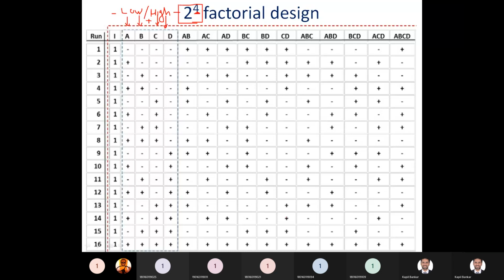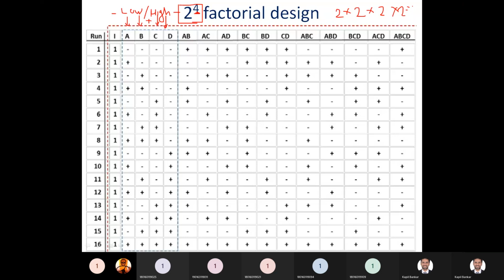So this is the 2 raised to 4 factorial design. You can see this is a full factorial design, in which you must run every experiment. 2 raised to 4 means 2 by 2 by 2 by 2: 2 twos are 4, 4 twos are 8, 8 twos are 16.